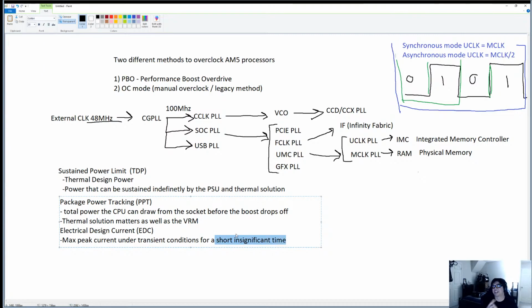It's not like several seconds long. So let's think of it this way: the interval of time that this EDC number can, or the amount of current draw that it can pull, the maximum amount that it can spike to without causing OCP to trip. That's what this number is associated with.